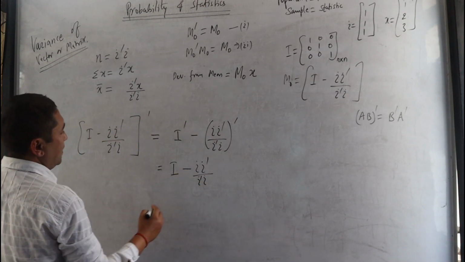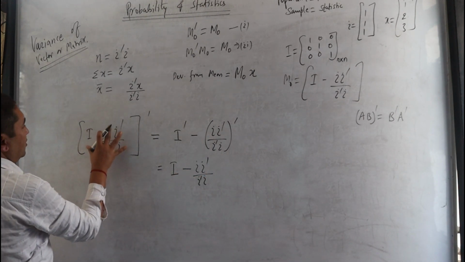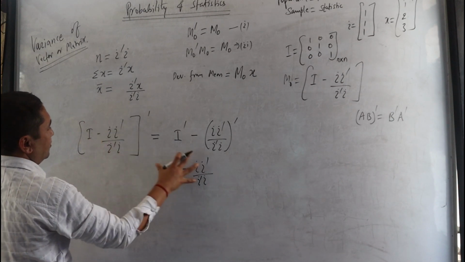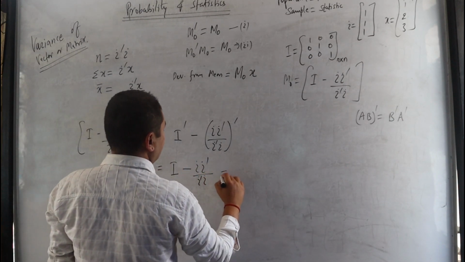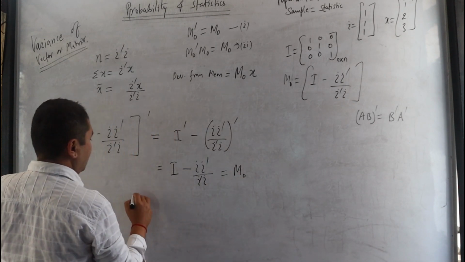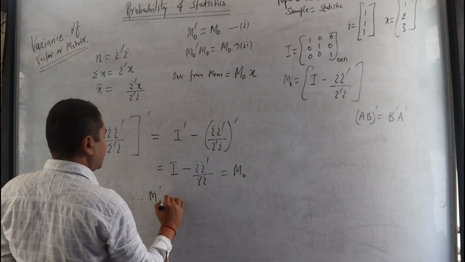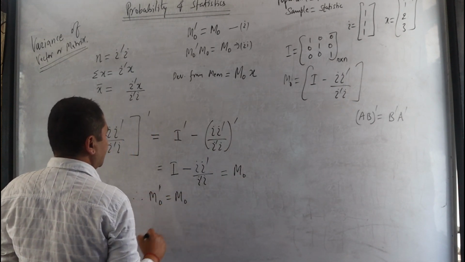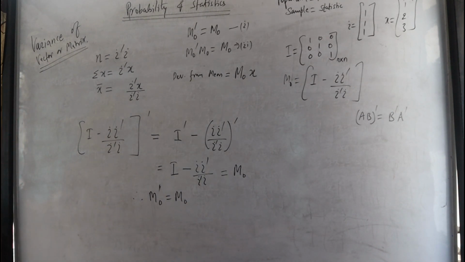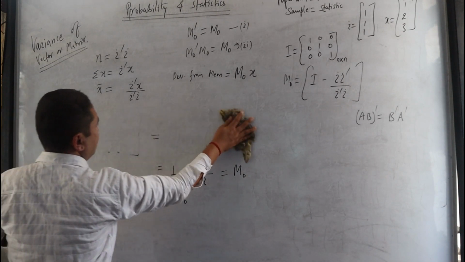And if we see this, and if we call this matrix M0, then we get the same matrix. This is equal to M0 itself. Therefore, we found that the transpose of this matrix is equal to the matrix itself. So we have proved the first property, and let us see the second property. Now we are going to rub this.